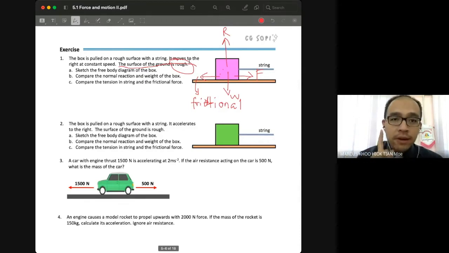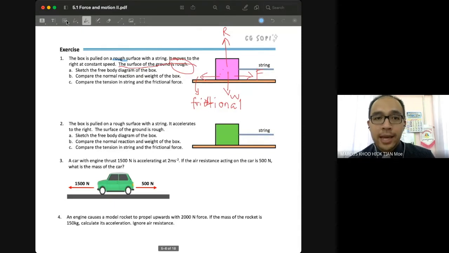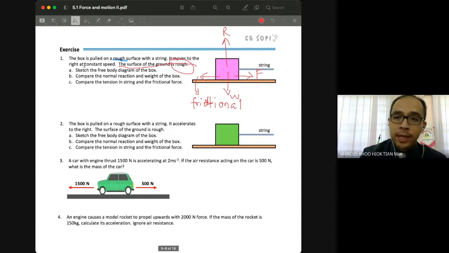This is a very important thing that we must remember. Whenever you see the words rough or smooth, if you see the word rough, there is friction. If it is a smooth surface, then there's no friction. But in this chapter, we're very interested in rough surfaces because that's reality. When you pull something on the ground, the surface is always rough. There's always going to be friction.